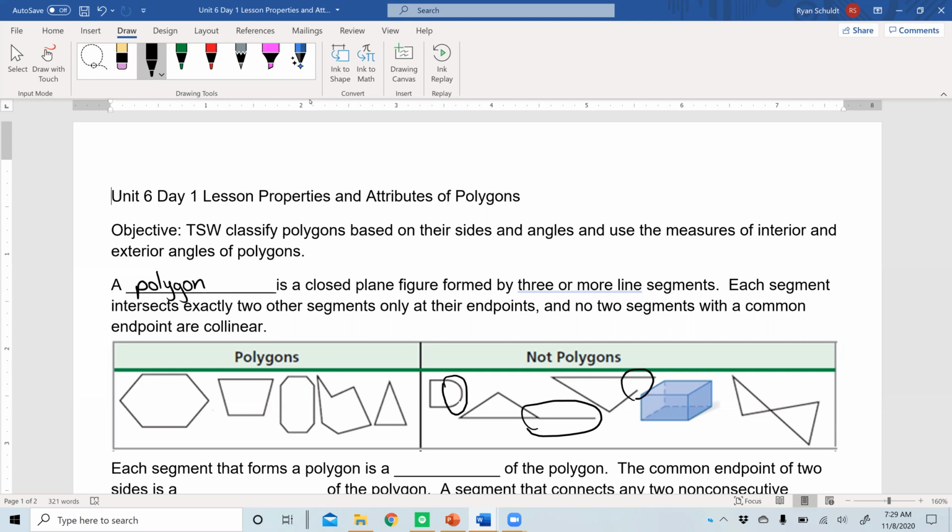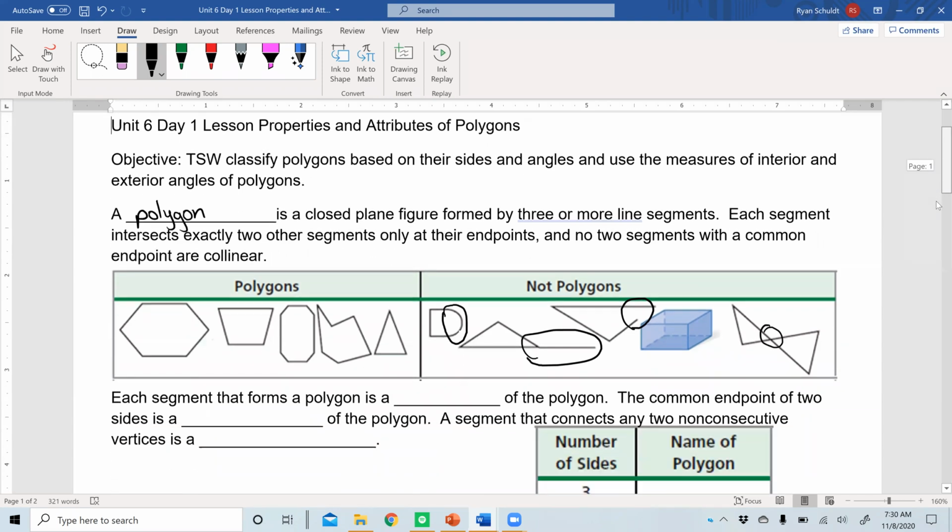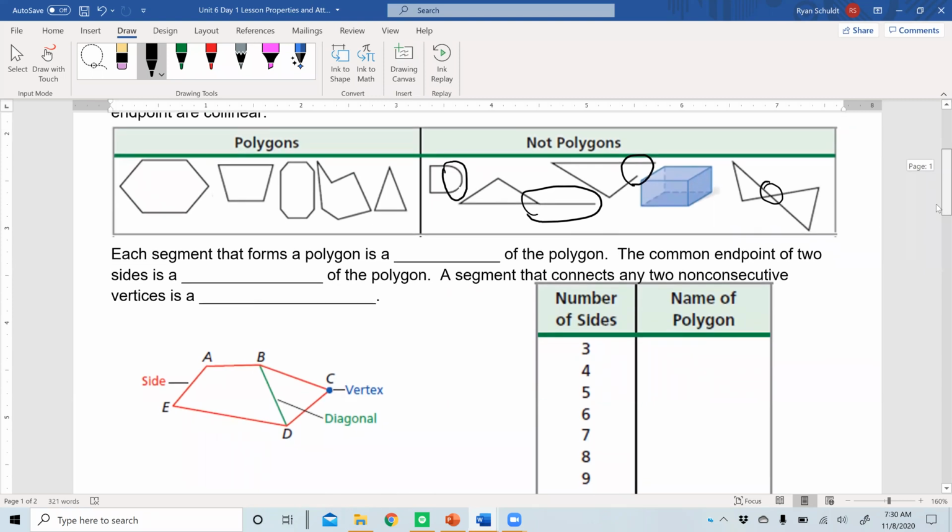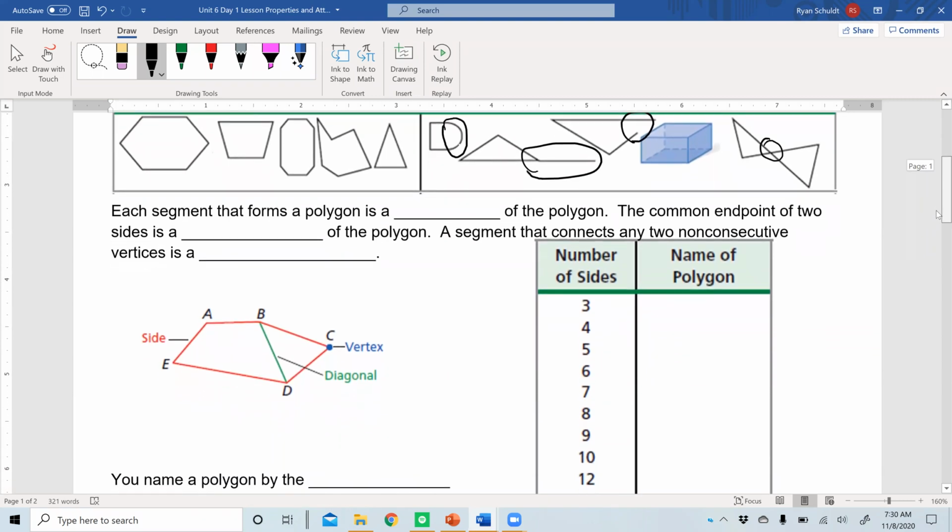Here, they're not connected. They're open. Of course, this one is 3D. Polygons are not 3D. They're only 2D. And then on this one, they cross. So it's got to be a 2-dimensional shape with straight sides. If that happens, then it's a polygon.